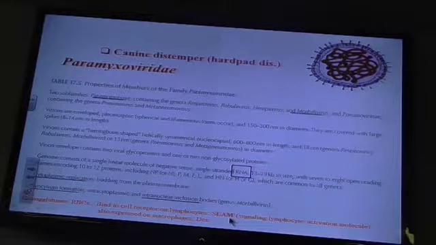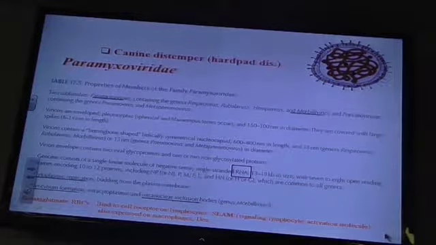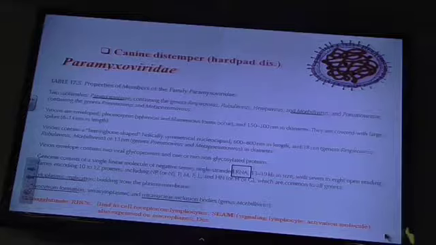So it binds to the SLAM receptor. And what is SLAM? It stands for signaling lymphocyte activation molecule. Now, not only lymphocytes are affected, but also macrophages and dendritic cells. So when you hear Paramyxoviridae, you expect, first of all, respiratory symptoms.